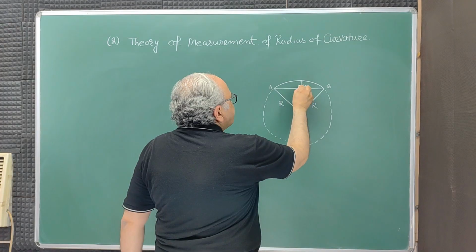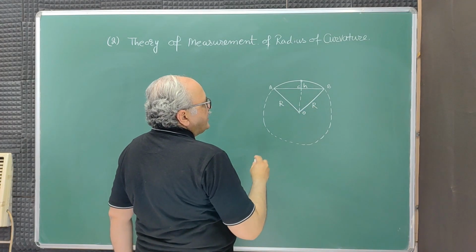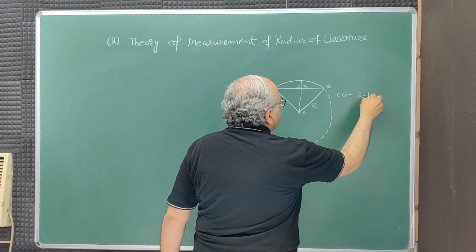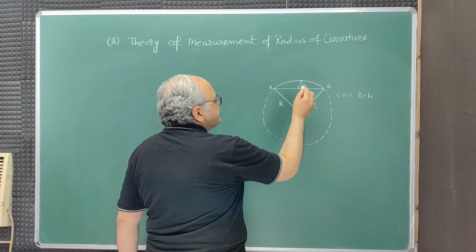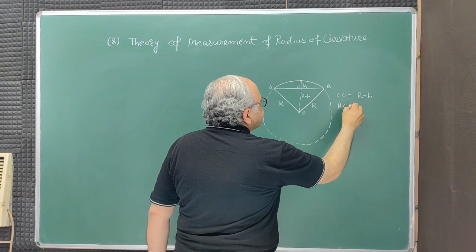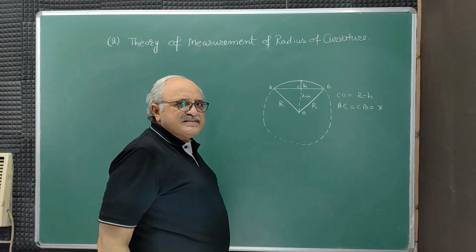If I say this point is C and I join C to O, then this distance CO equals R minus h, because this height is h, so the remaining one is R minus h. Whereas these distances AC and CB are assumed to be, say, the distance x.